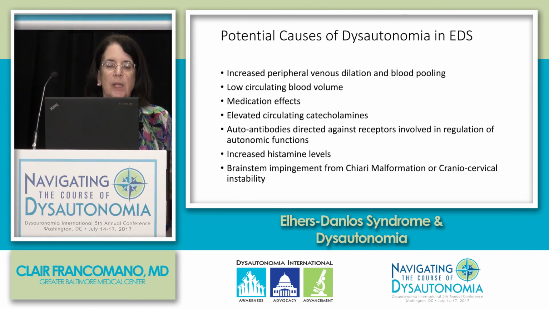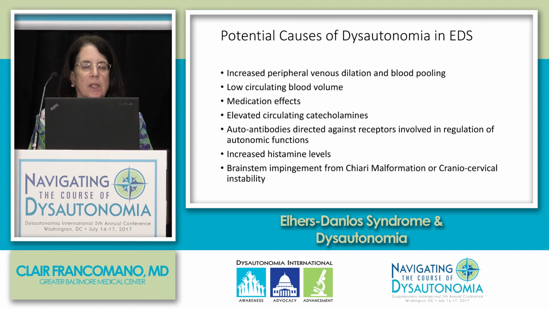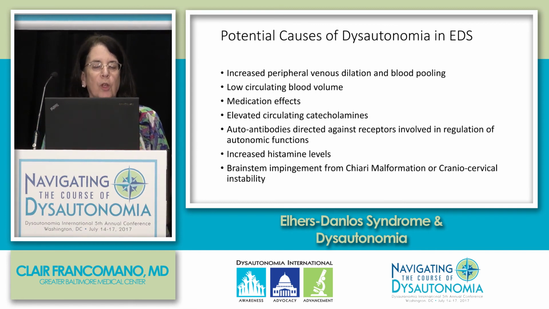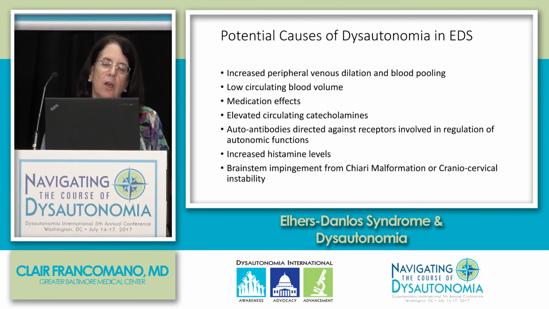And this list completely overlaps the list in the non-EDS population, with the possible exception of the brainstem impingement from Chiari malformation or craniocervical instability, which we may see more frequently in people with Ehlers-Danlos syndrome. And I guess I would say the venous pooling and venous dilation is probably more common in the EDS population as well.